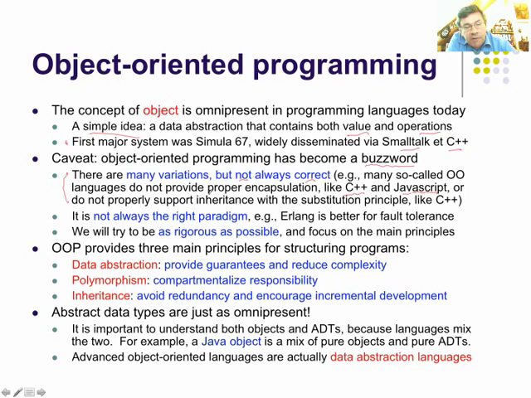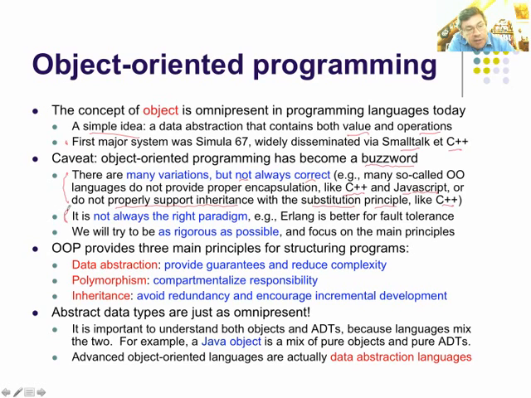Another problem is that many languages do not properly support inheritance. They were designed before it was understood that you need certain principles to do correct programming with inheritance. A principle that we will see called the substitution principle. And a language like C++ does not have good support for this. It was basically just designed before this principle was well understood.